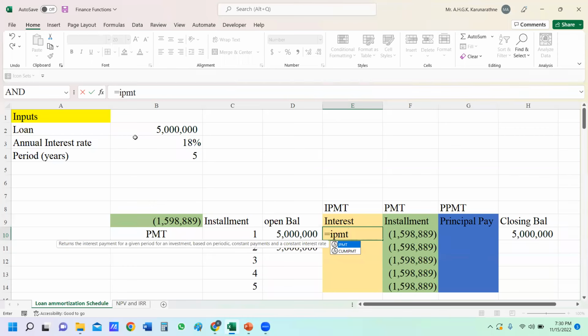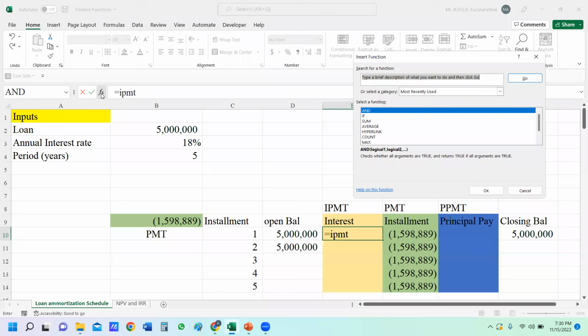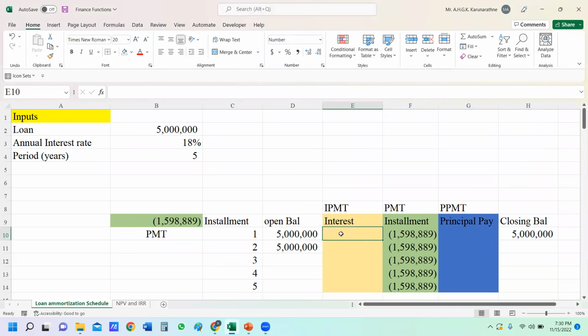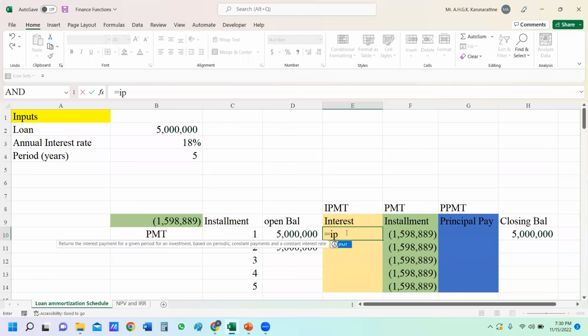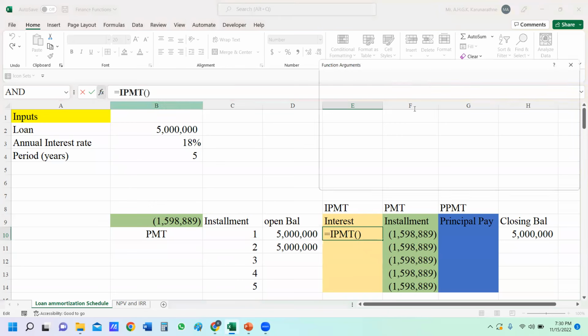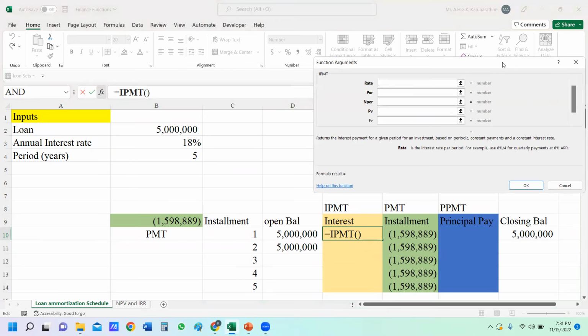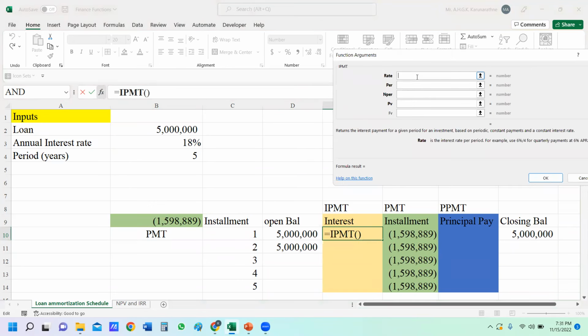Right, so I'll directly explain with this. IPMT, interest payment. Extended dialog box. Okay. Again, rate is your interest rate.